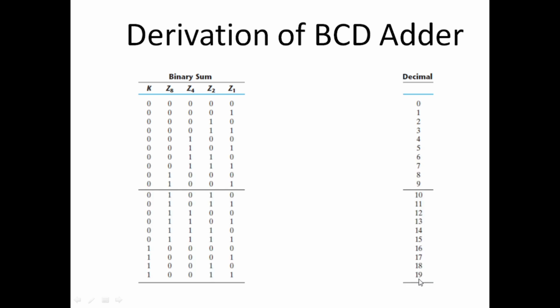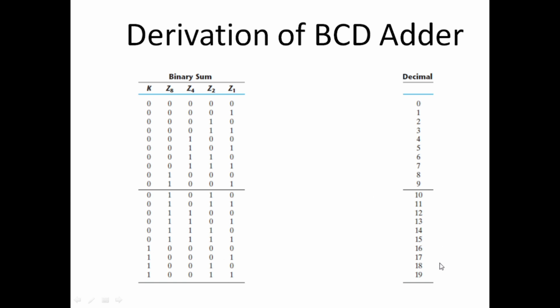So for 19, this is the binary equivalent. This also indicates that when the number increases from 15, then for 16, 17, 18 and 19, as these numbers cannot be accommodated in 4 bits, this increases to the 5th bit, and we get the output carry as 1. So these are the binary representations of these decimal numbers.